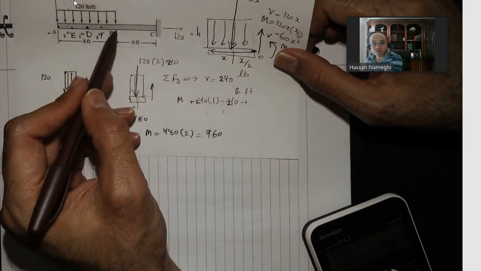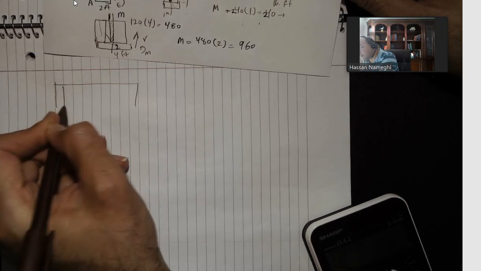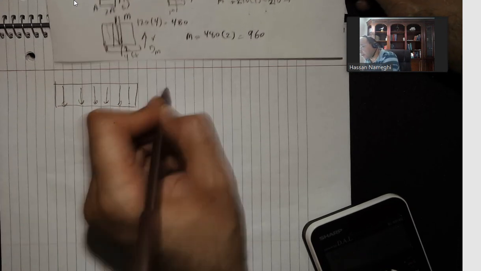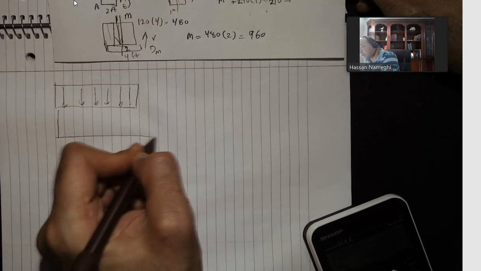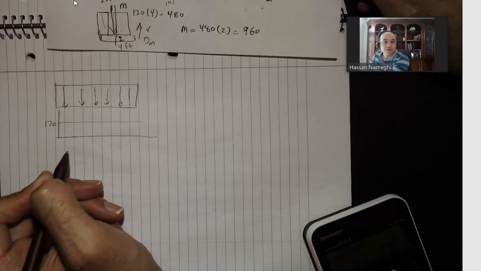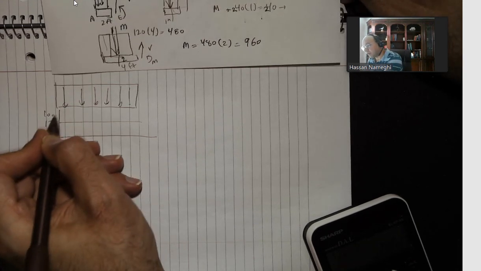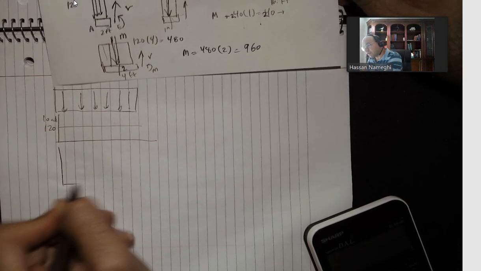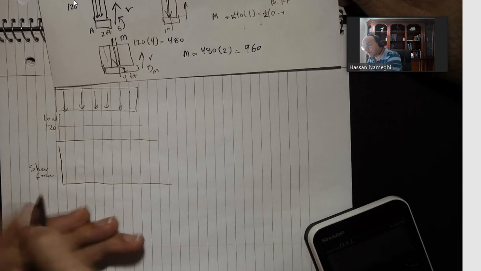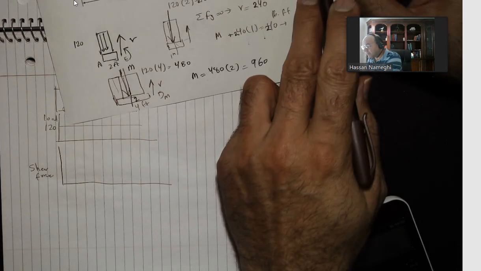Now if I want to plot the bending moment and the shearing force from this point to this point, the plot is going to look like this. Your load was 120. This was the load. But on the shear force, we have it as 120x.